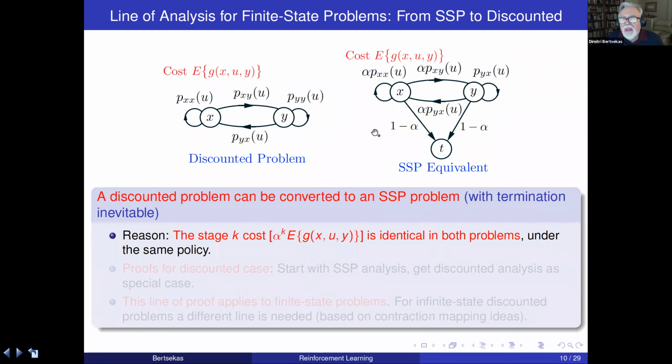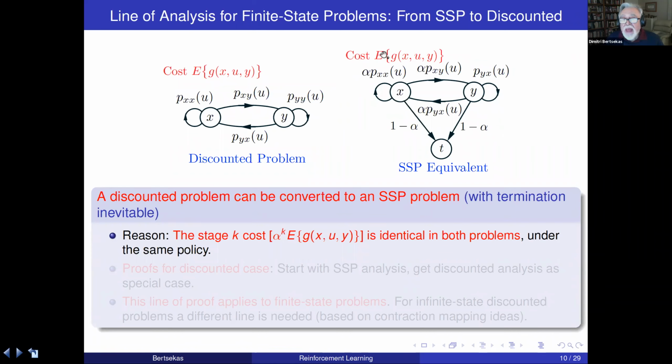Now, I claim that this stochastic shortest path problem is equivalent to this discounted problem in the sense that the costs of policies are equal in both problems and the optimal policies are the same in both problems. What's the reason for this? Well, what is the cost of the kth stage for the discounted problem? It is this expected cost times alpha to the k. Now, what is the cost of the kth stage in this problem starting from x?